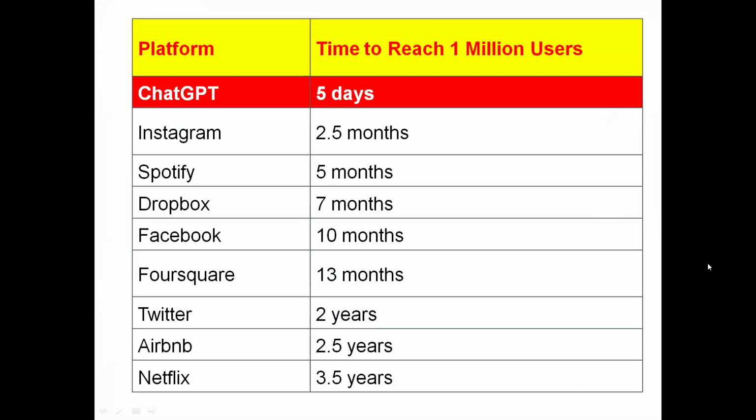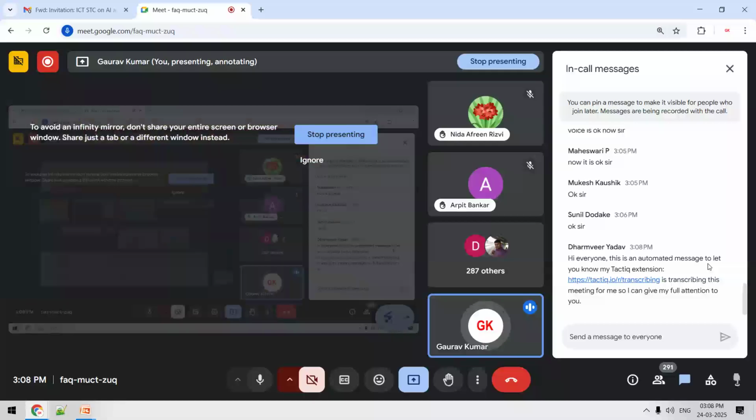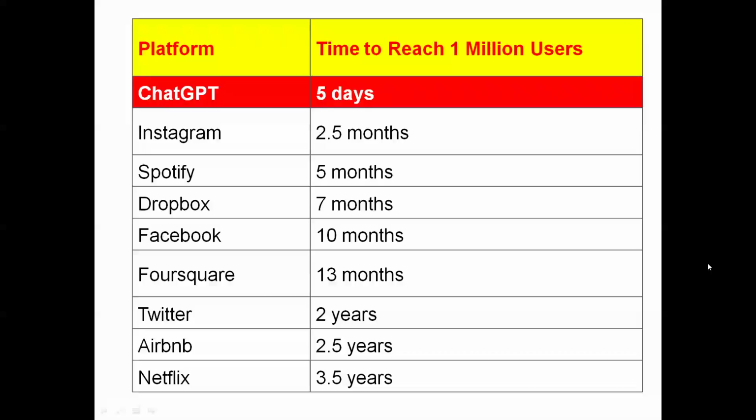Netflix took around 3.5 years to achieve 1 million users, while ChatGPT achieved 1 million users in only 5 days. Twitter took around 2 years. Even social media platforms are not as popular as AI based tools.